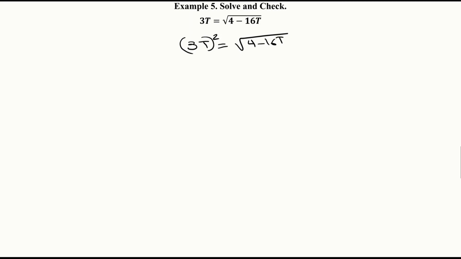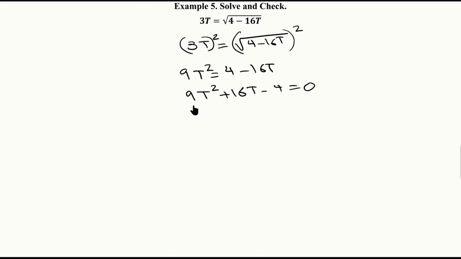But once we square both sides, we end up with a quadratic equation with which we can use quadratic techniques. So here we get 9t squared equals 4 minus 16t. And let's go ahead and move everything to the left side. So we get 9t squared plus 16t minus 4 equals 0.